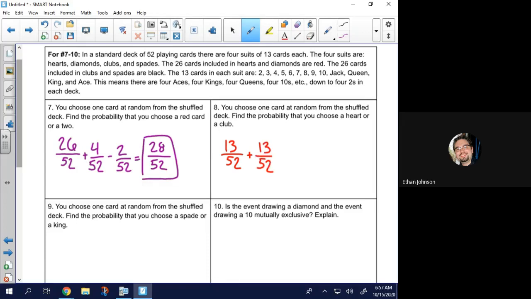And we need to stop and think, do we have a card that is both? Can we have a card that is both in the hearts and in the clubs? We can't have a card that is both a heart and a club. So this one would be mutually exclusive, so we're just going to add. Adding, we would get 26 out of 52.